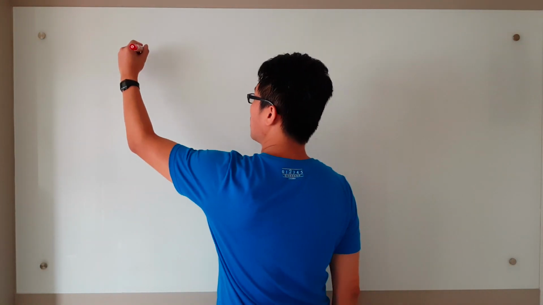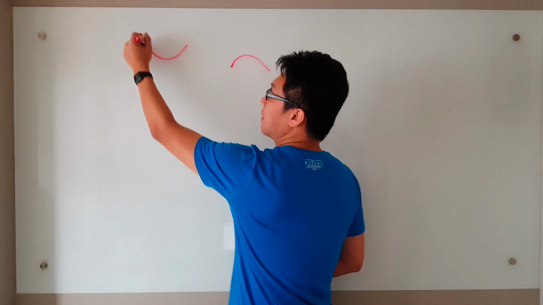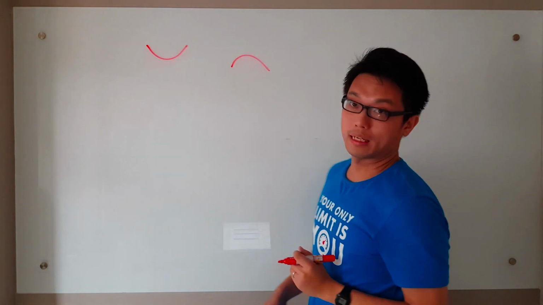A quadratic expression, we can always easily translate into a graph. Notice that this question says it's always positive. A quadratic graph can look either like this or like this, whereby this part always extends out.